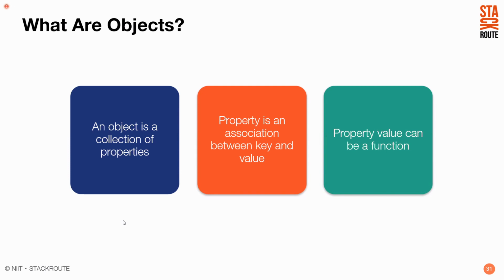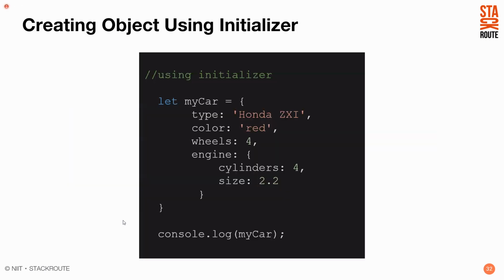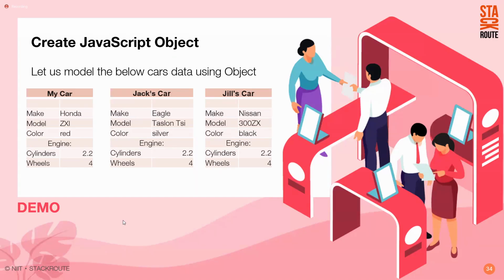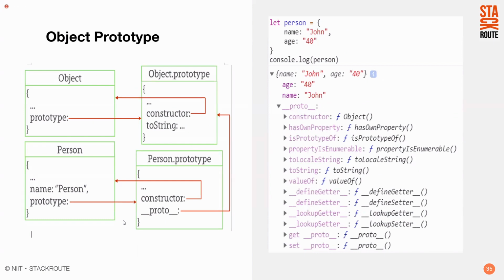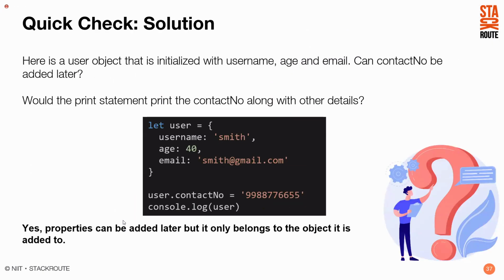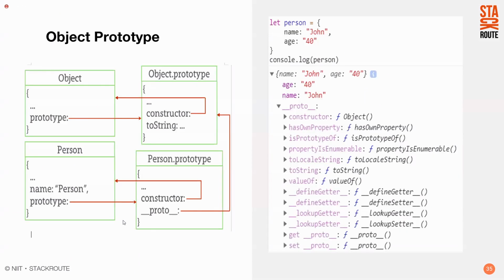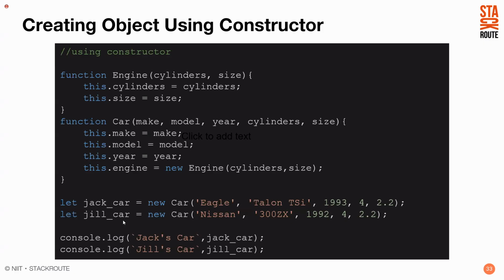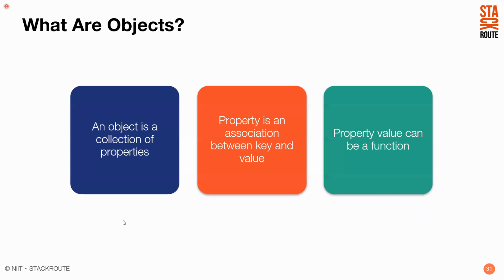So whatever we discussed in theory, let's apply in practical. Before that, I would like to show you two different ways of object creation. Property is associated with a key value pair.